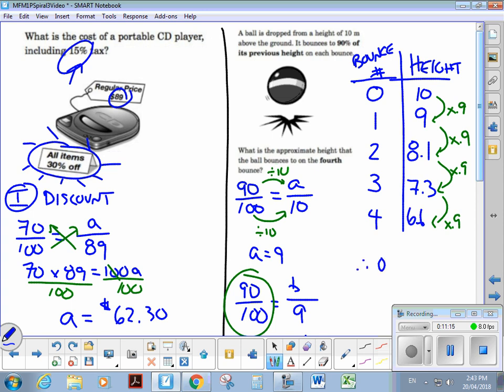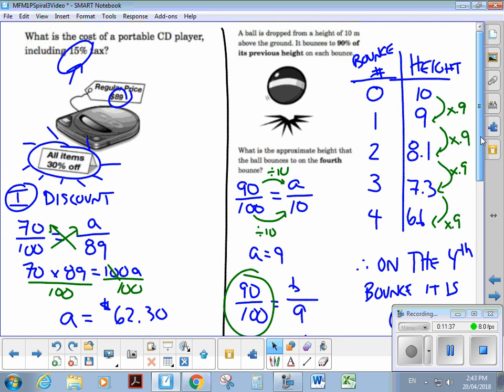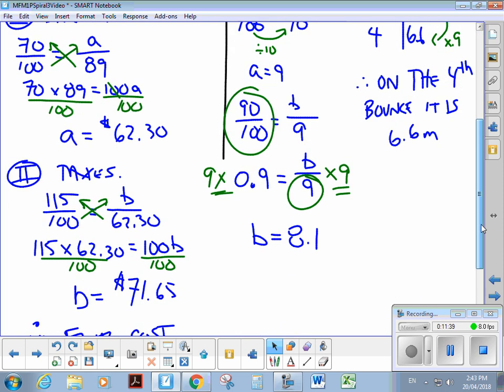So therefore, on the fourth bounce, it is 6.6 meters. All right, definitely a tough question. Probably more in the academic spectrum, I would think, because that's something we don't have to deal with too much in the applied program.